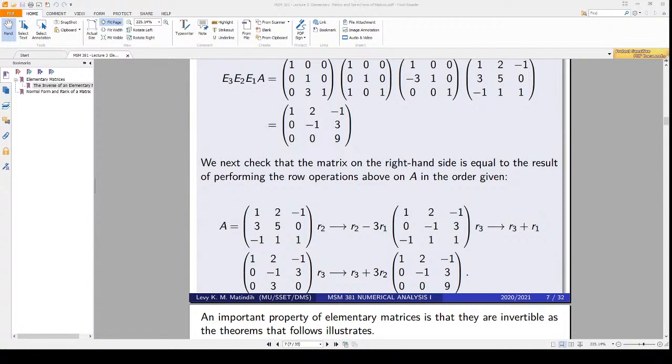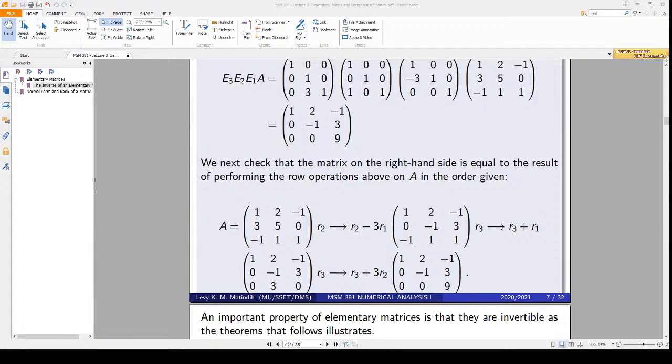Now, after transforming this new matrix to this matrix, on this other resulting matrix, if we apply the elementary row operation, if we transform row 3 to being row 3 plus 3 times row 2, what you're going to get is 0, 0, and 9.